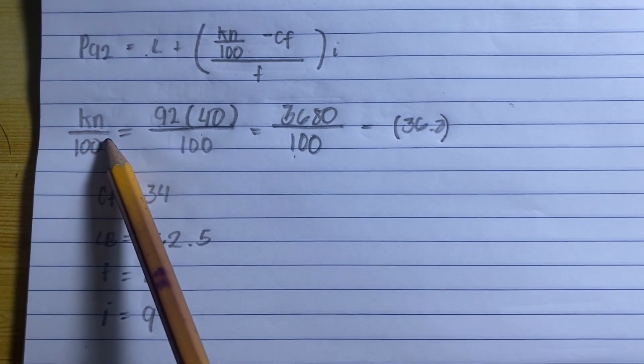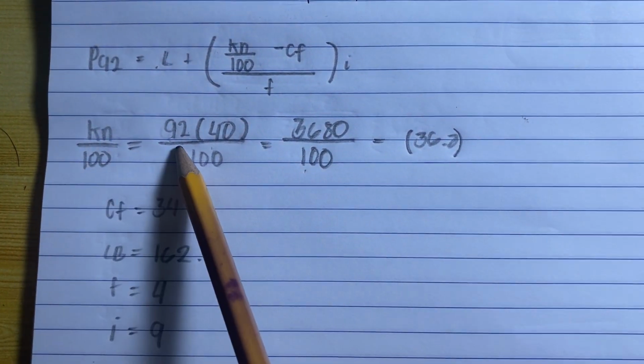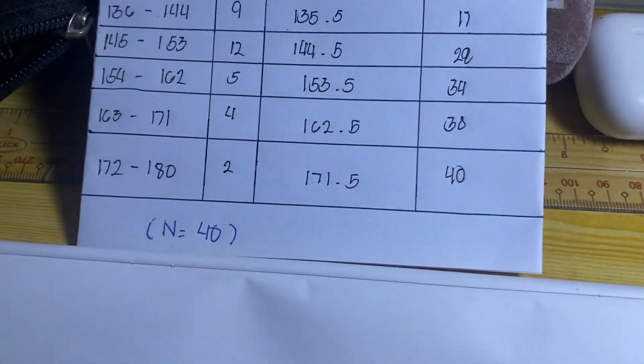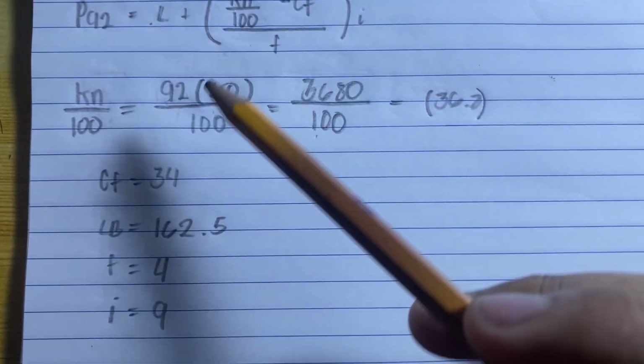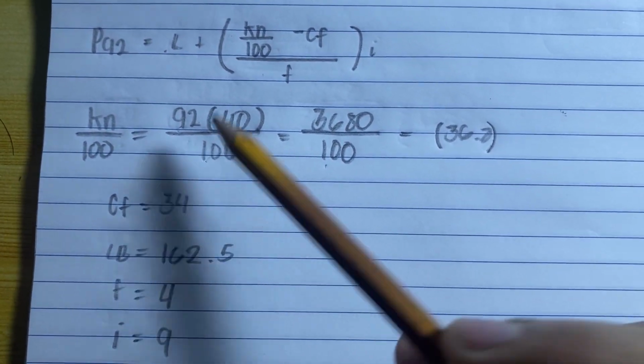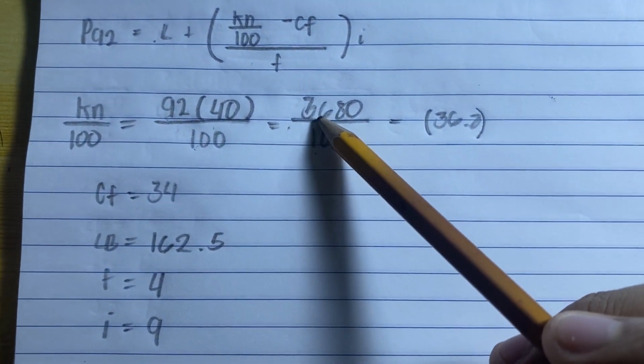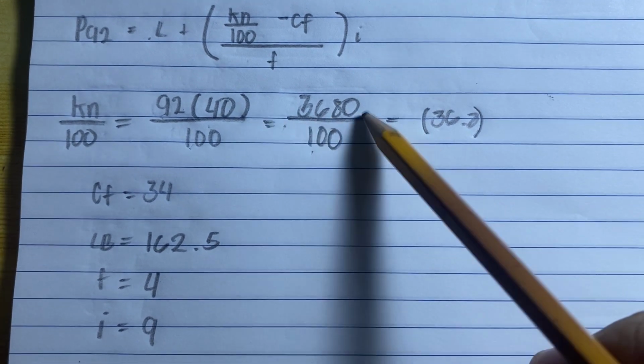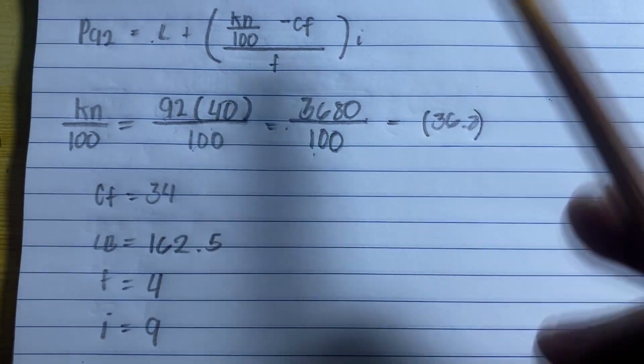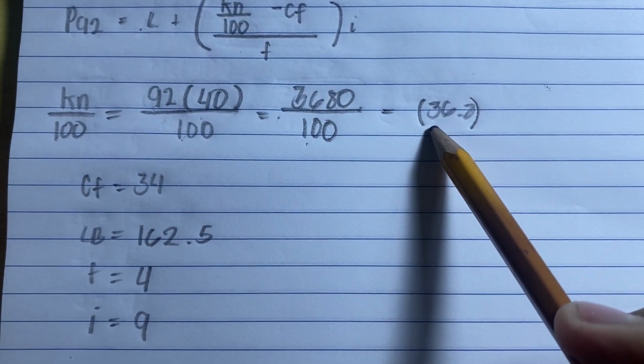So, ito. Ang K na nag-act bilang 92. So, times 40, which is yung N natin dito, divided by 100 is equal to 3,680 divided by 100. So, ang kinalabasan is 36.8.